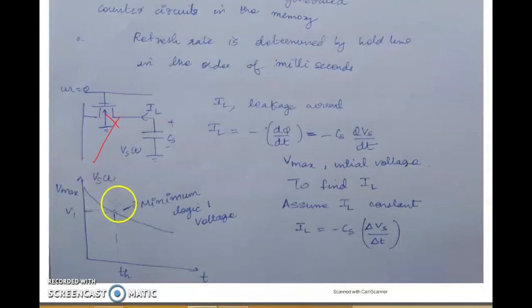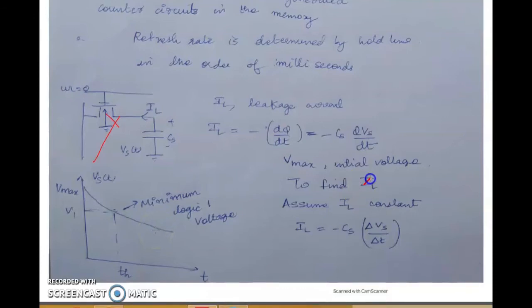You can see this graph of the capacitor voltage. Initially it has Vmax, but after some time we know that with respect to time this voltage is decreasing. At hold time, the minimum voltage for logic 1 state is present, and after this time the memory cell will be in logic 0 state.